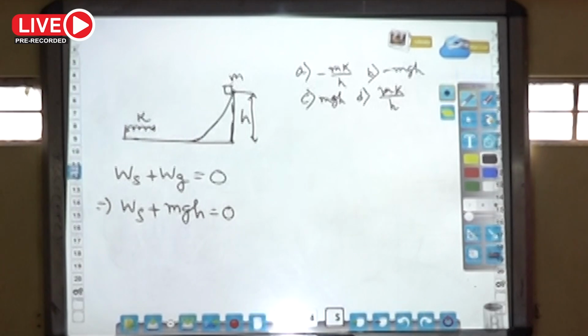Write down. Question number 25. A block of mass m is attached to the lower end of a vertical spring.